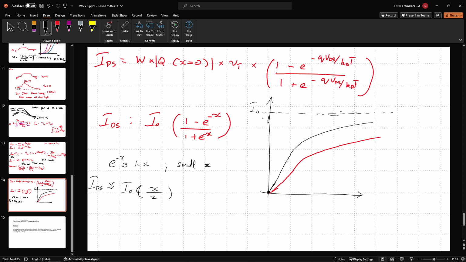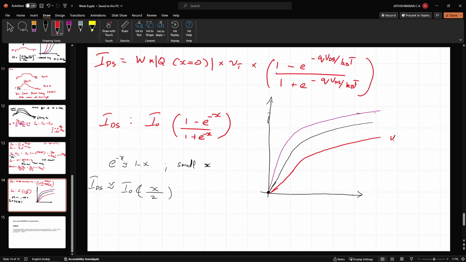I naught is not a global constant. So in reality, the output characteristic of a MOSFET will look something like this. Now I can even get rid of the I naught, since it is no longer a constant and not a relevant quantity anymore.